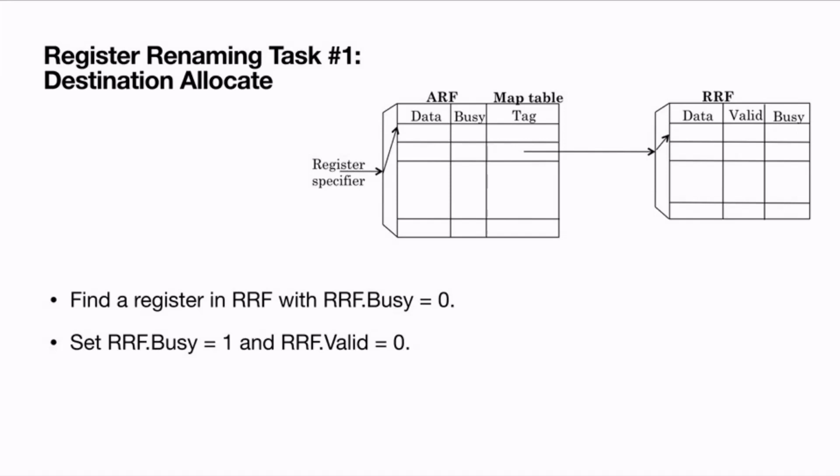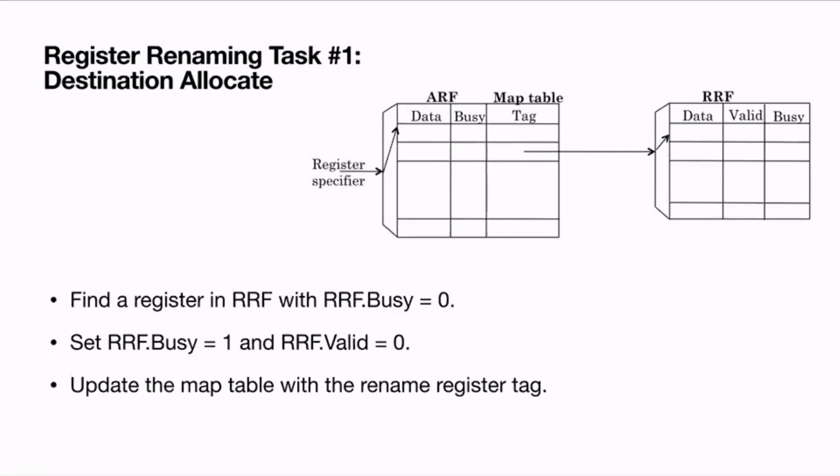Then we set the RRF valid bit to 0, because it does not yet hold the correct value; it is going to be updated. That's why we put the valid bit to 0. And then we update the map table. In the ARF, at the map table entry, we put the rename register entry tag.